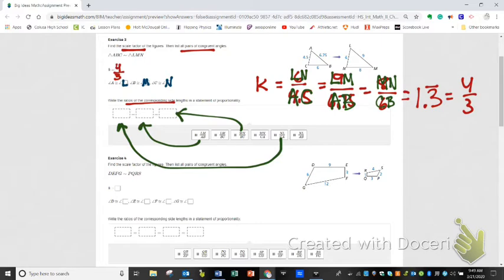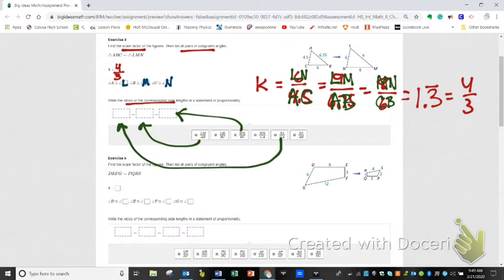Problem number 4 is asking us the same questions, but this time it's a reduction problem. The original quadrilateral, DEFG, is bigger than the second quadrilateral, RSPQ. So now our scale factor needs to be a fraction that's in between 0 and 1.